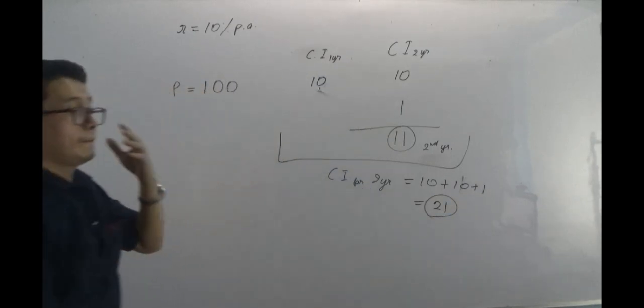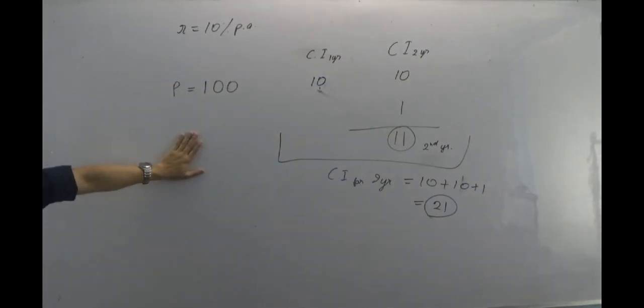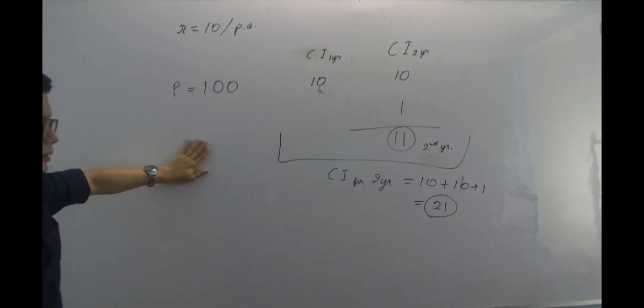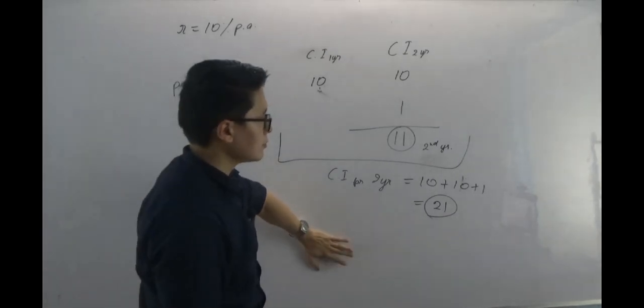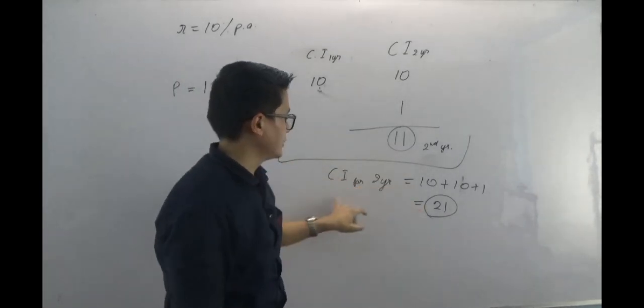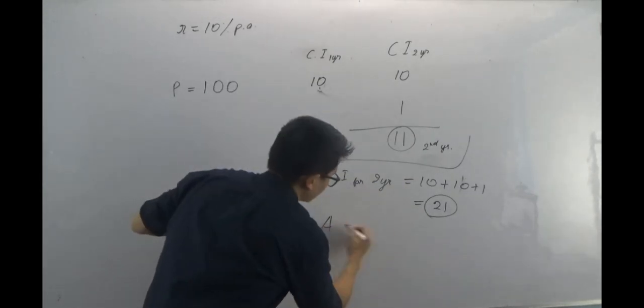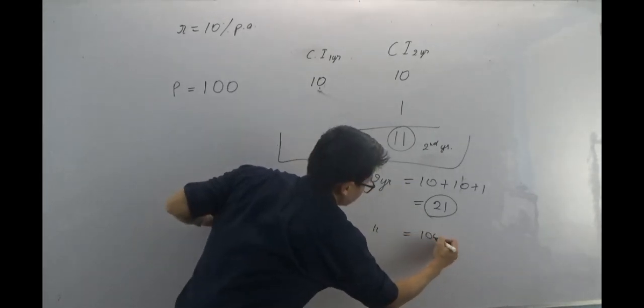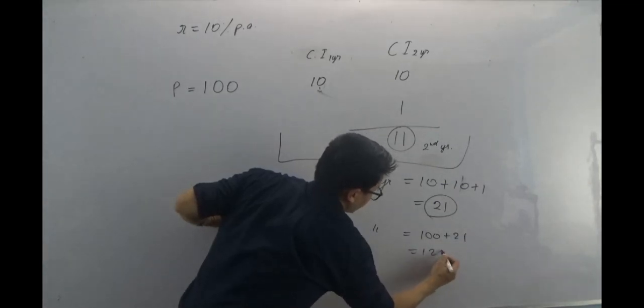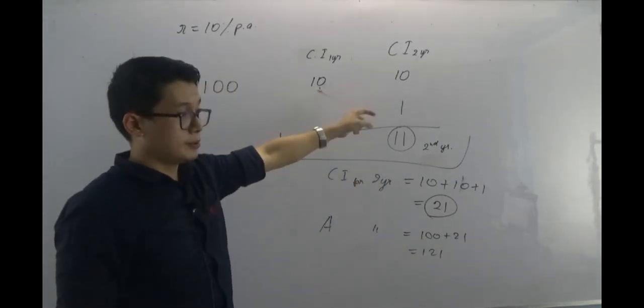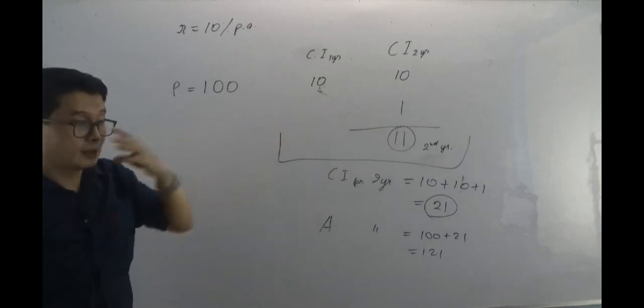The amount for 2 years is 100 plus 21, which is 121.